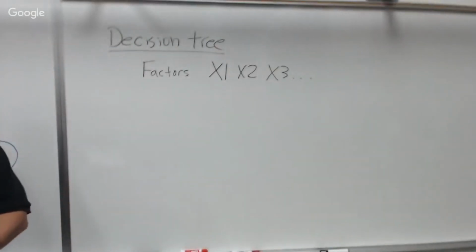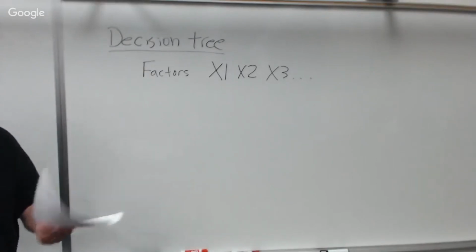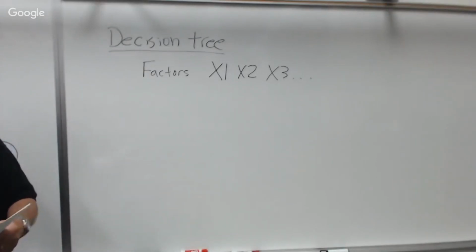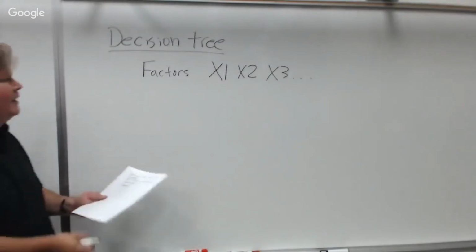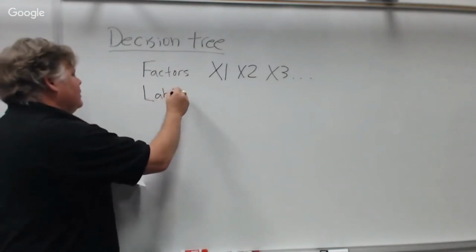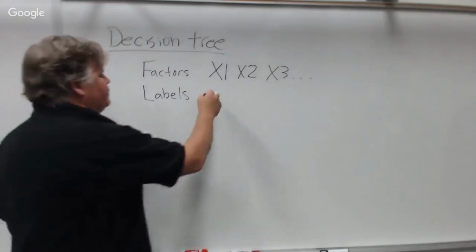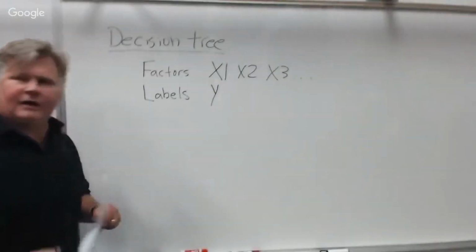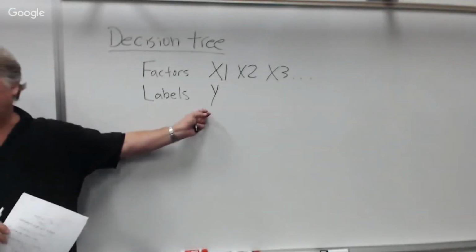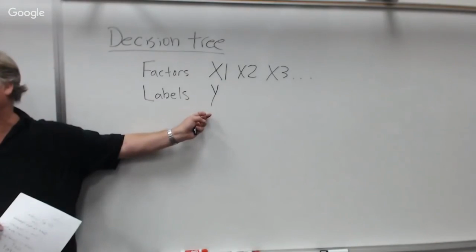Then the answers, actually the correct term for that doesn't occur to me right now, but labels, that's the right term. So this is our Y. That can either be a label like giraffe, or it can be a label like 2.3. Could be numerical if we're building a regression tree.